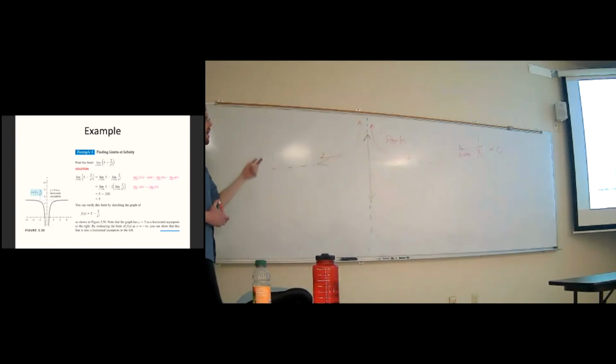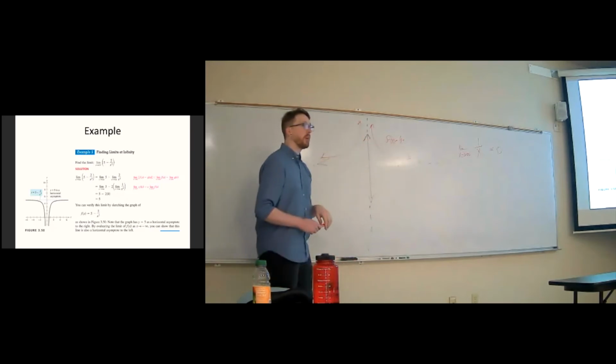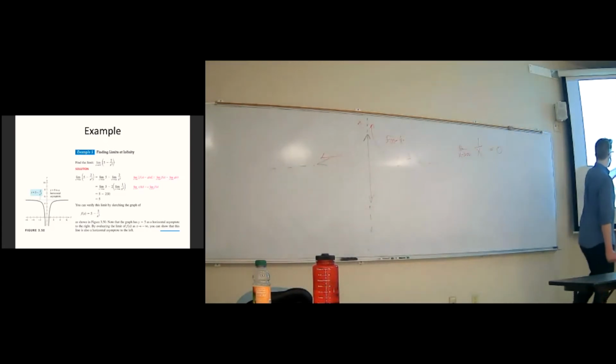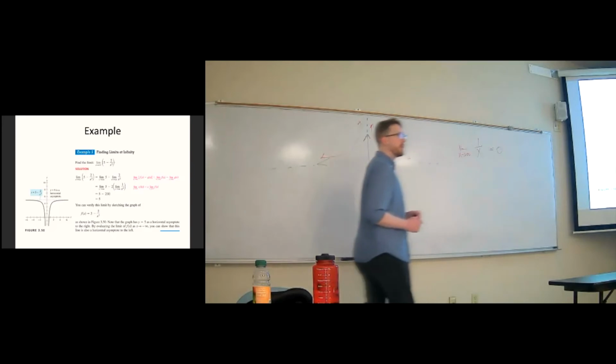So when we subtract 1 over x squared from anything, we get the reflection. Multiplying it by 2 just stretches it, and adding 5 just raises it. Which is why our graph comes out to be this kind of tornado funnel looking thing.